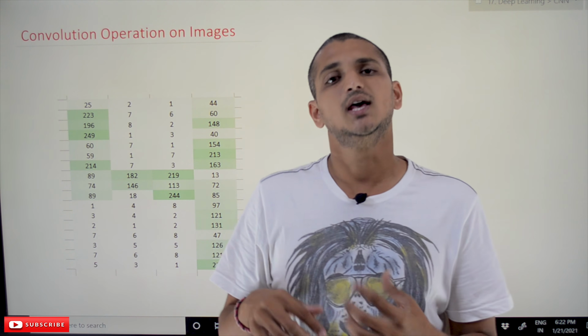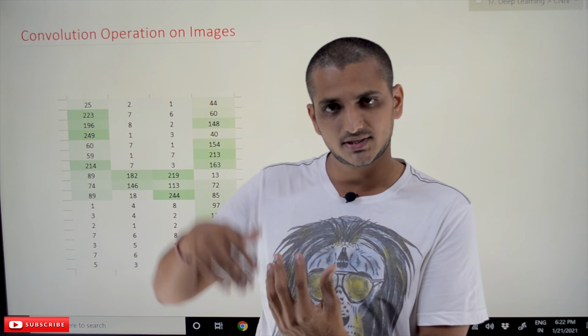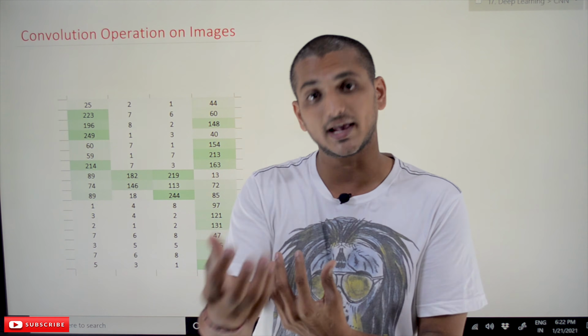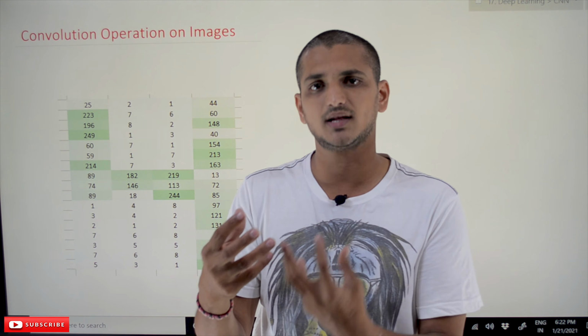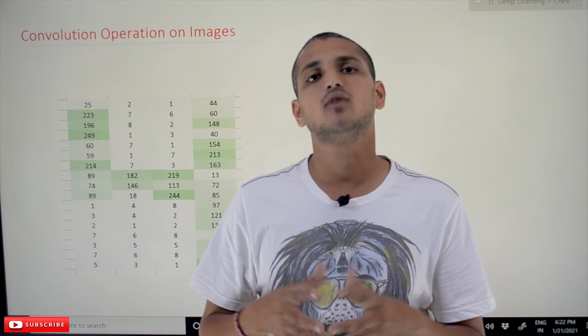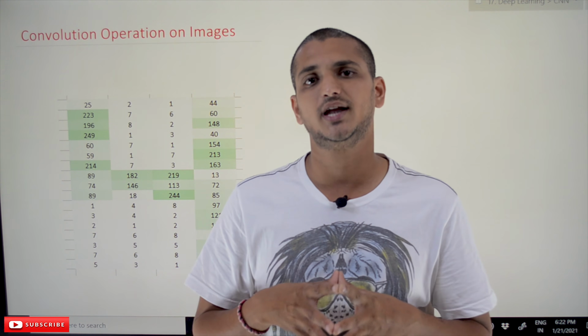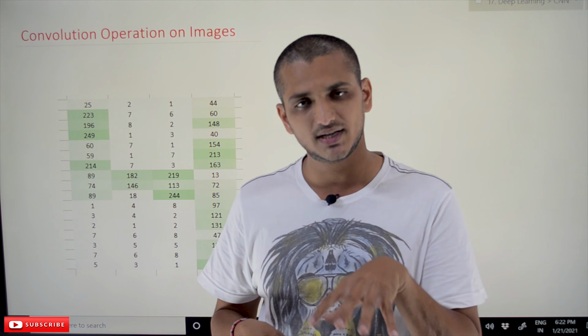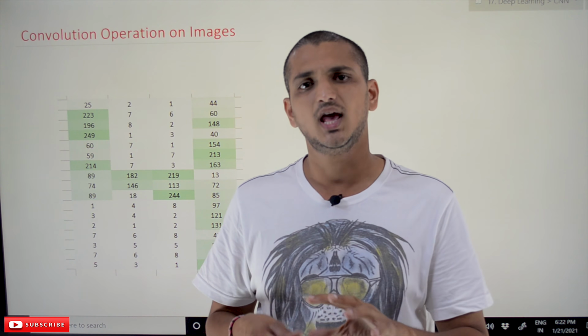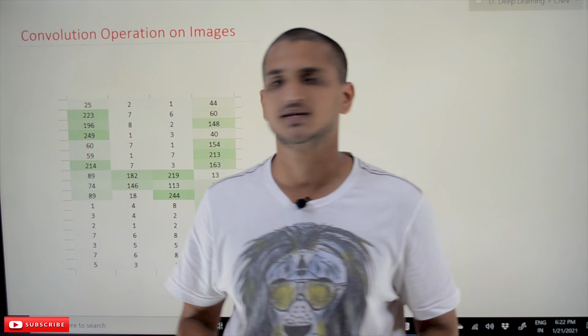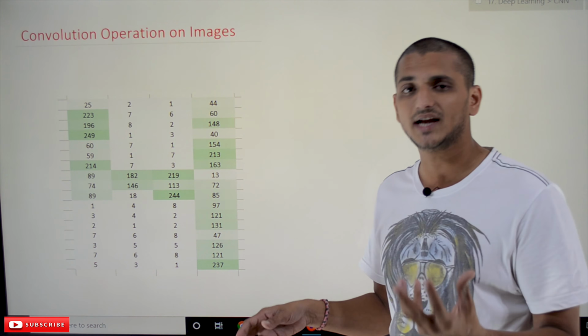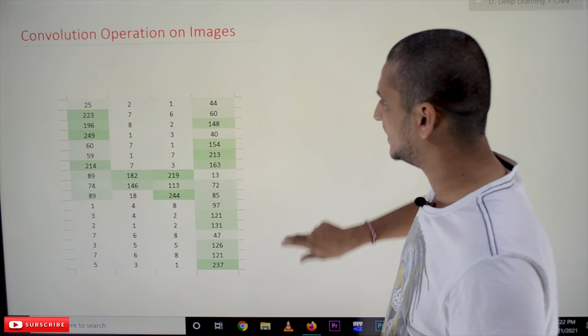In this class, the basics required to understand our next classes are discussed, that is, the convolution operation has to be understood. So here we will discuss what the convolution operation is; how the features are extracted, we will come to in our next classes.